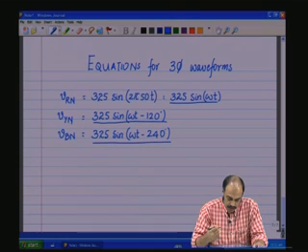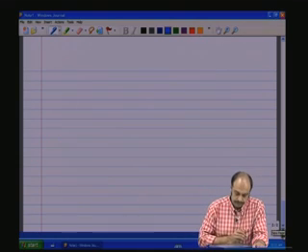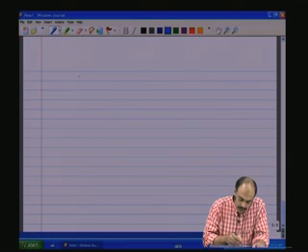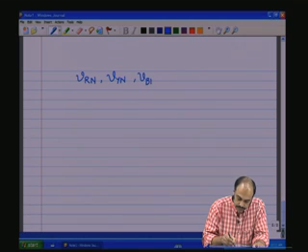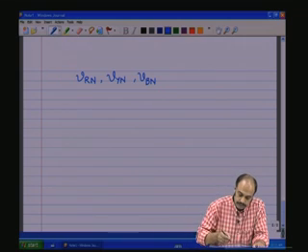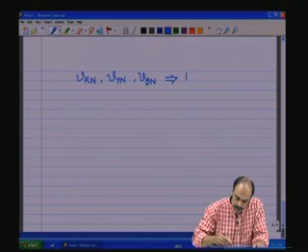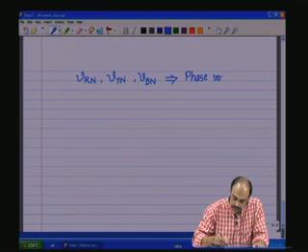Okay. Here you have to understand one more small distinction. VRN, VYN, VBN, all the voltages with respect to the neutral, they are the phase voltages.